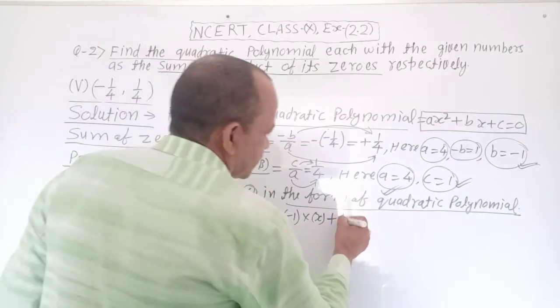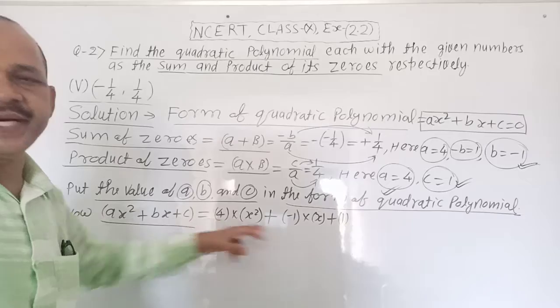C means 1. It is clear? No confusion about it?